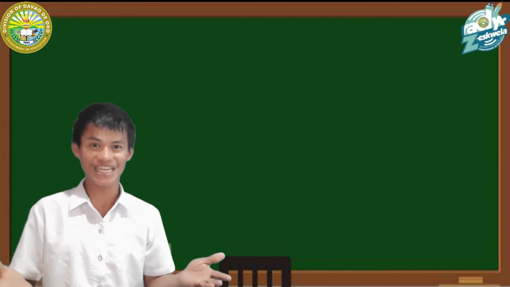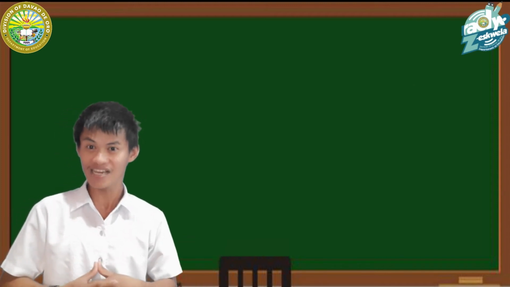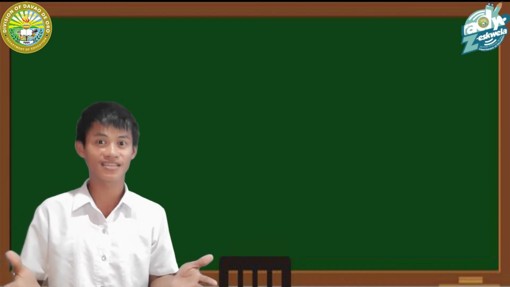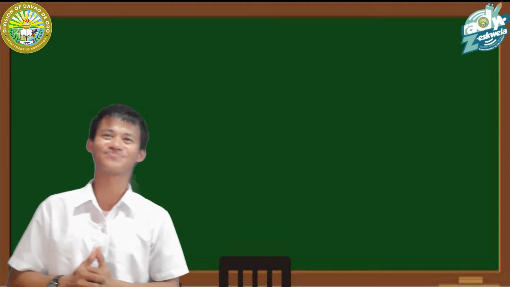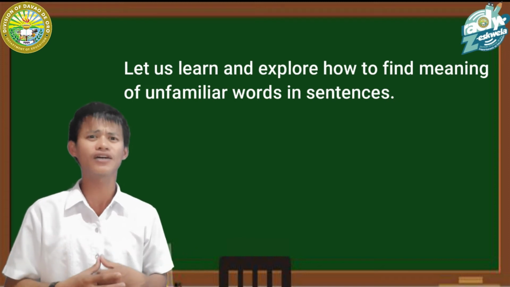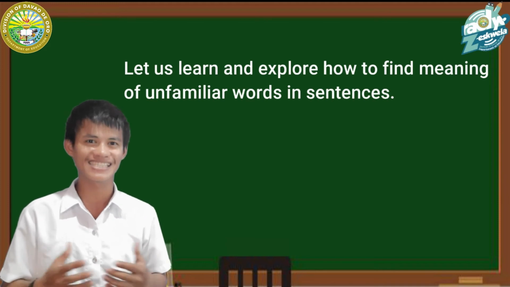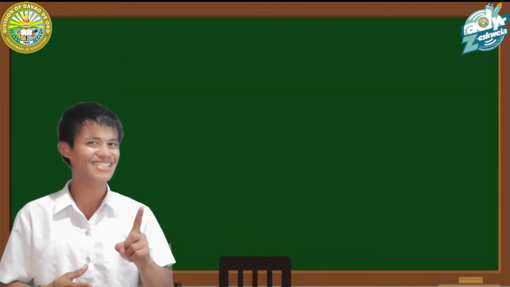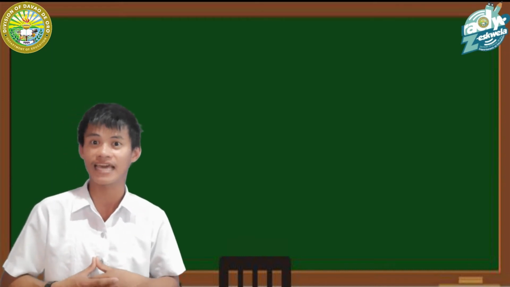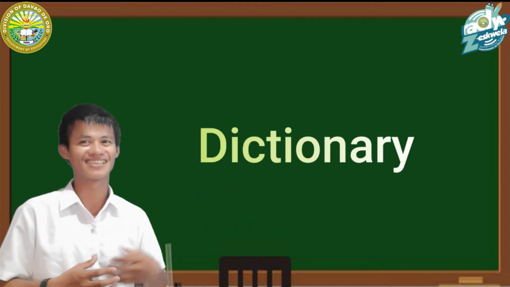Did you get all the correct answers? Have you found the meaning of each underlined word? What helped you do it? Okay. At this point, let us learn and explore how to find meaning of unfamiliar words in sentences. Sometimes, when you encounter an unfamiliar or new word in a text, you usually look for a dictionary.